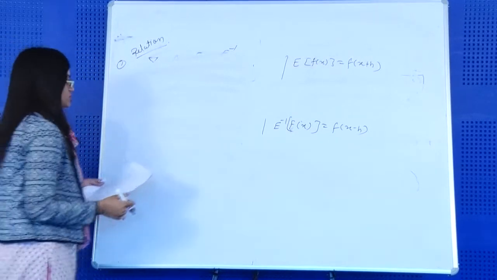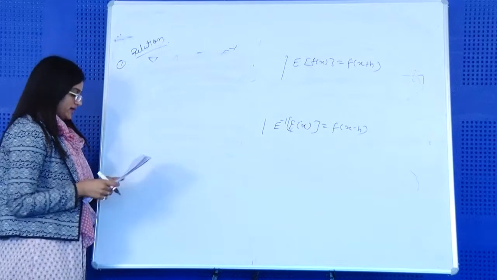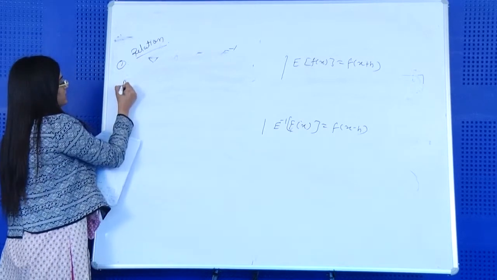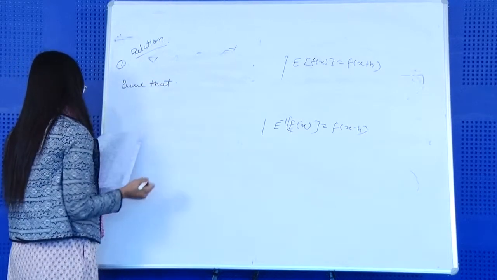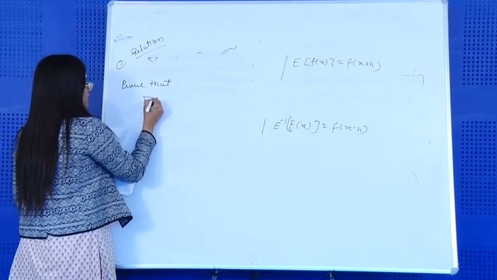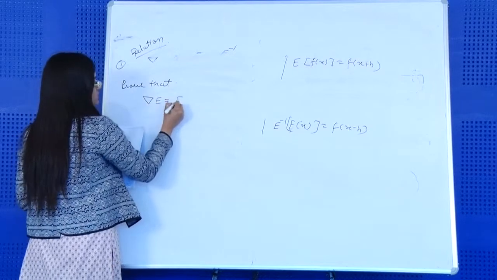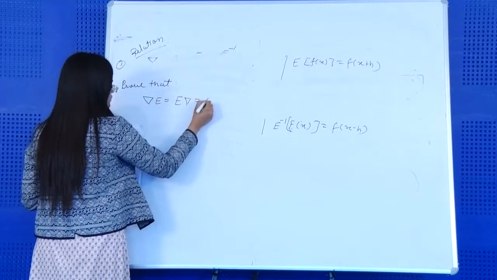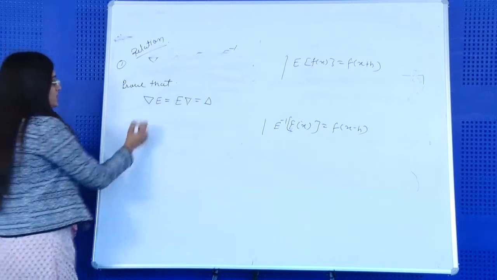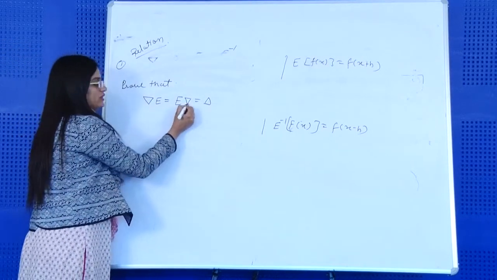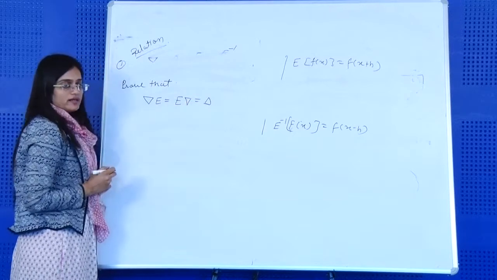Another type of question which is based on the operator is, prove that nabla E equals E nabla equals delta.